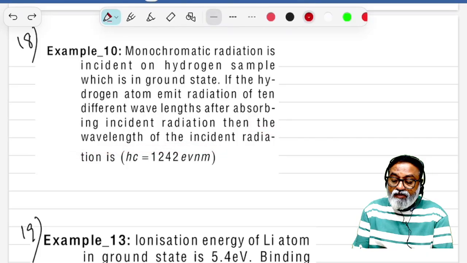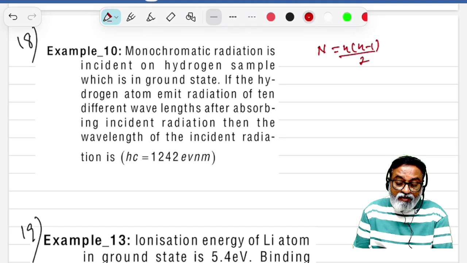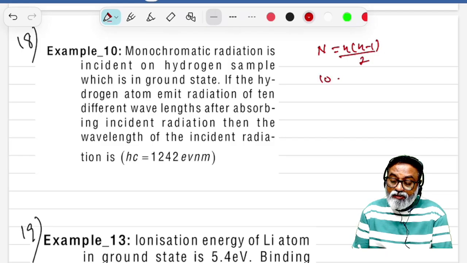Here, the number of spectral lines is equal to n into (n minus 1) by 2. Here, the number of lines is given as 10, so 10 is equal to n into (n minus 1) by 2. From this, we get n is equal to 5.